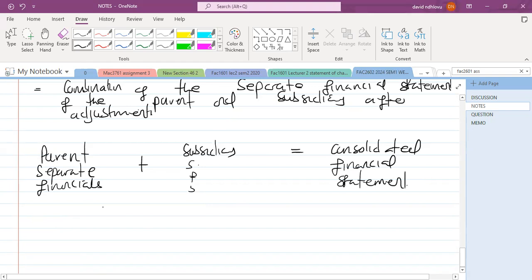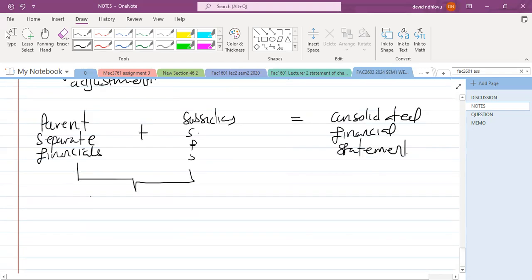Basically, it's an addition of the two. But before the addition, you need to make certain adjustments, which I will allude to.